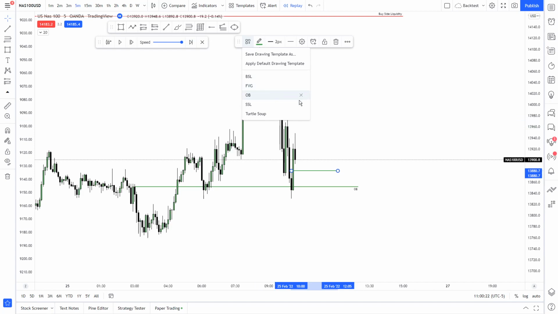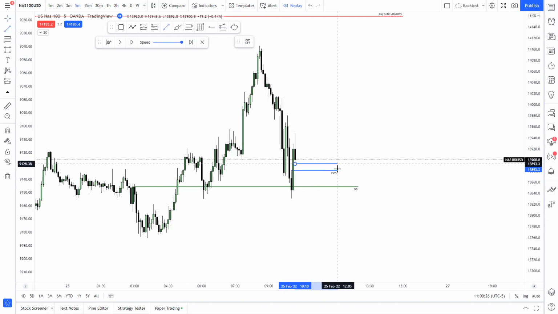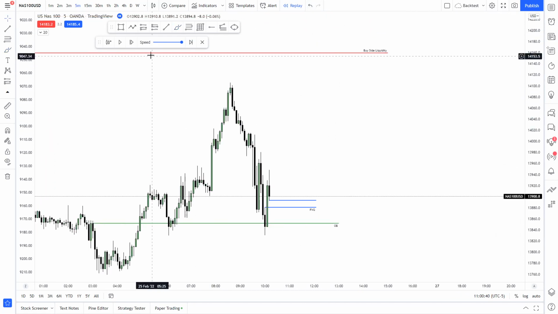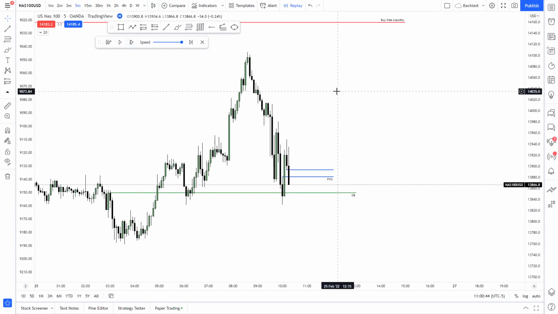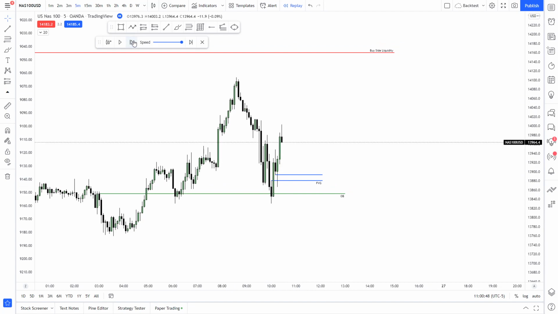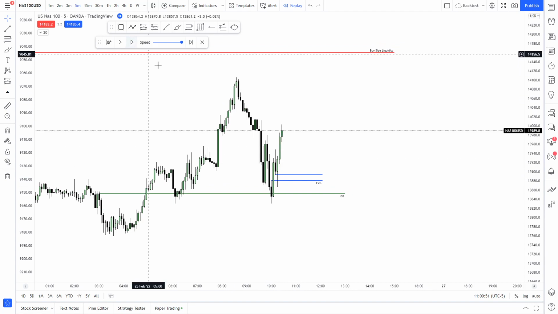Let's mark out the fair value gap. So the fair value gap right here. So price comes in here, comes into the order block or FVG with fair value gap, and then goes up to the buy side. Okay, so price comes back into the order block, and we want to see price just displace.